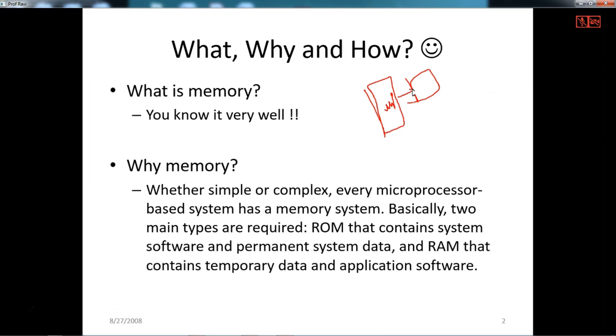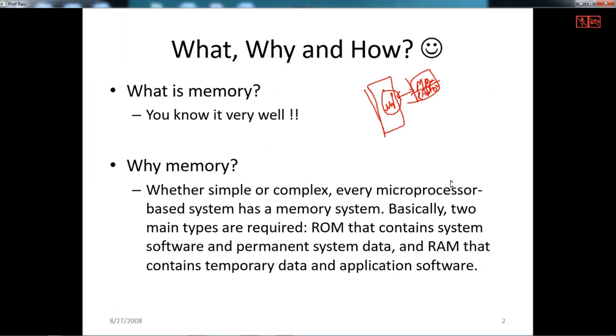In the last class I clearly explained what interfacing is: connecting in a compatible manner. So this memory to your microprocessor. This memory can be RAM and ROM. And now how to connect that in a compatible manner, so that data transfer can take place from memory to the processor or processor to the memory, is what we try to see.